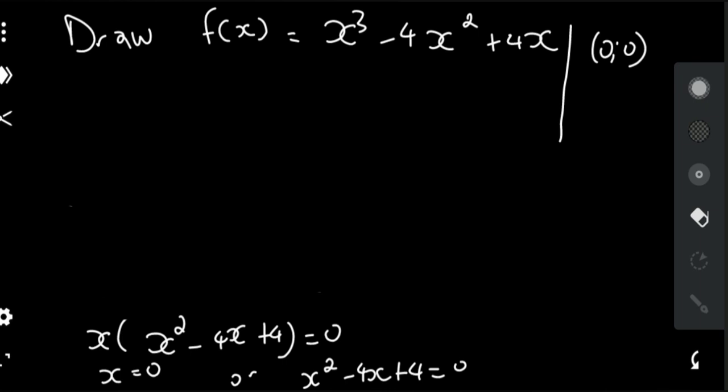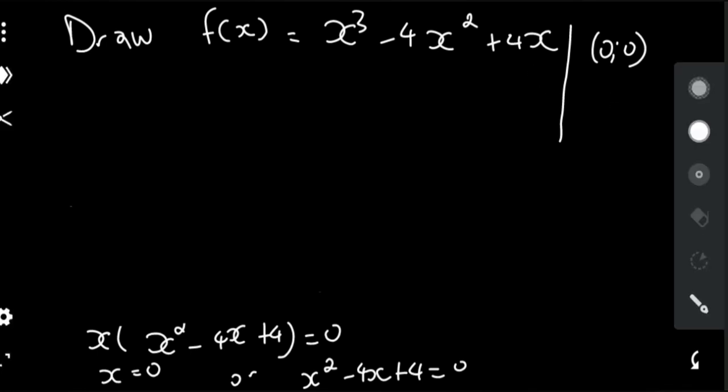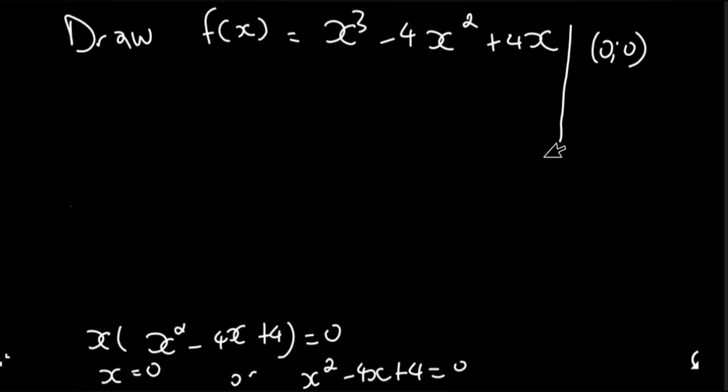By the way, our first x-intercept is going to be 0 paired with 0. And we need to find another x-intercept.